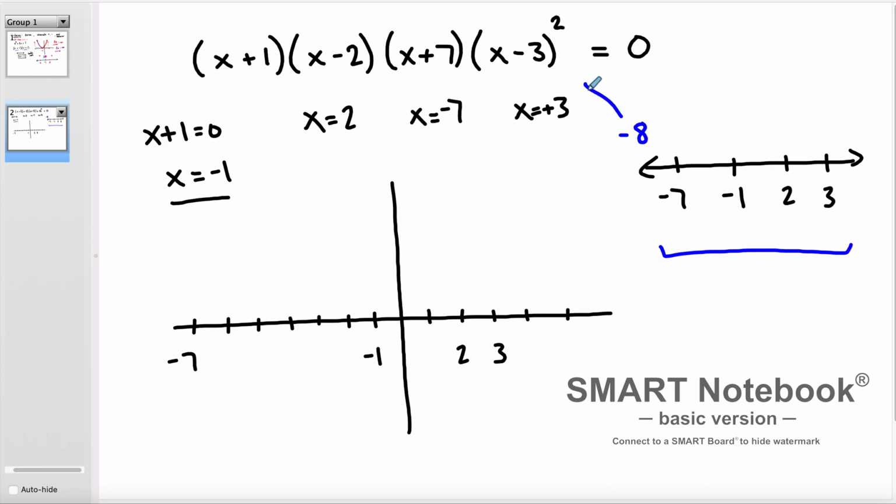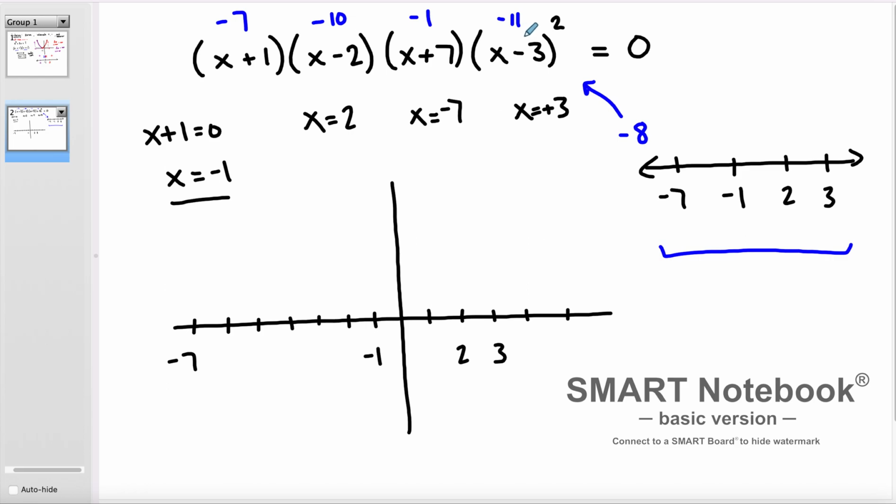We plug that into the original string. We have -8 plus 1, so that would be -7. -8 minus 2, that would be -10. -8 plus 7, that would be -1. And then -8 minus 3, that would be -11 squared. Right? So we'd have a negative times a negative times a negative times a positive.